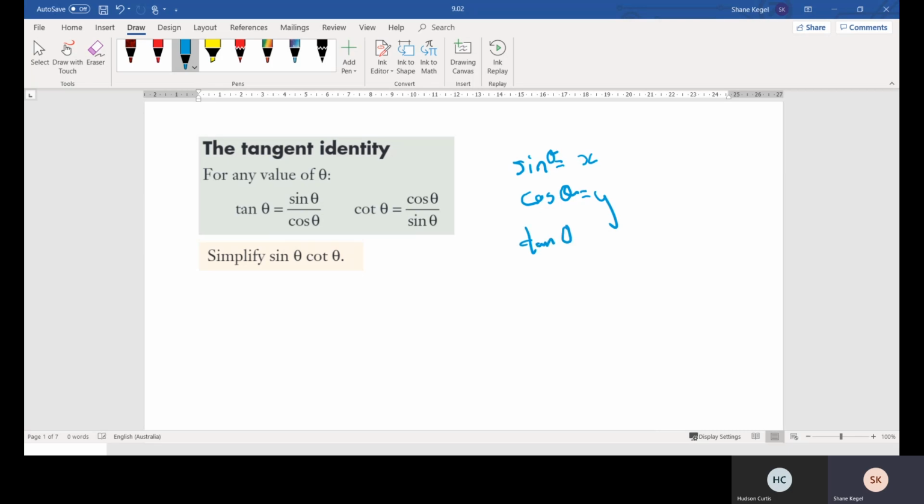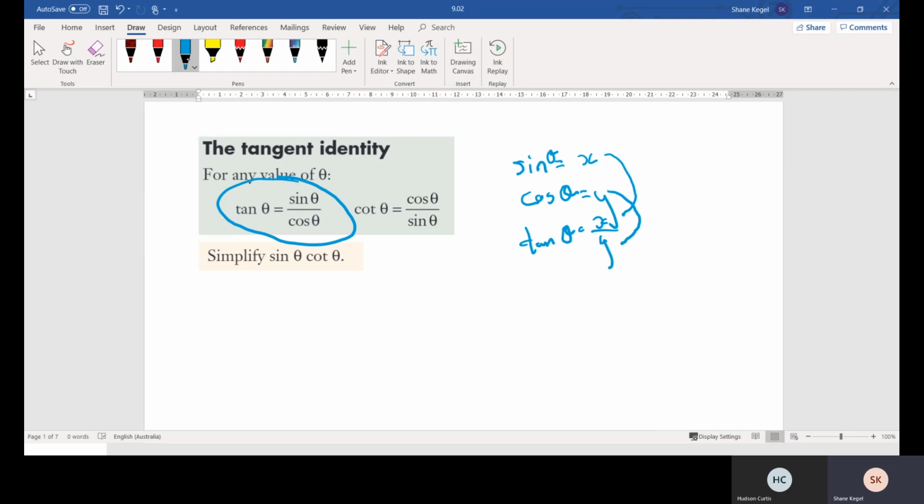And tan theta was x over y. So given that tan theta equals x over y, sine equals x, and cos equals y, that must mean that tan equals x over y, or in other words, tan equals sine over cos, which is quite handy.